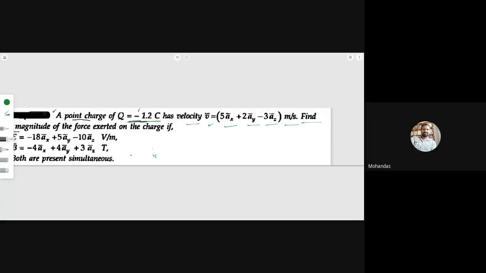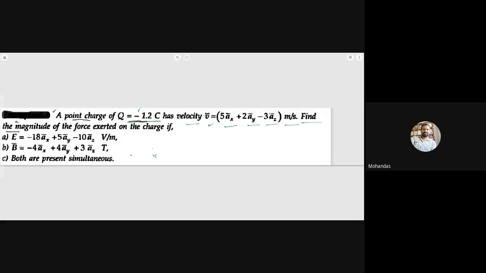Find the magnitude of the force exerted on the charge if, A: E equal to minus 18 Ax plus 5 Ay minus 10 Az volt per meter. Second question, B equal to minus 4 Ax plus 4 Ay plus 3 Az tesla.